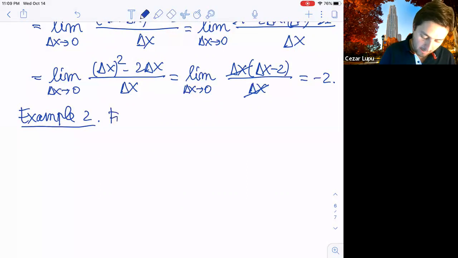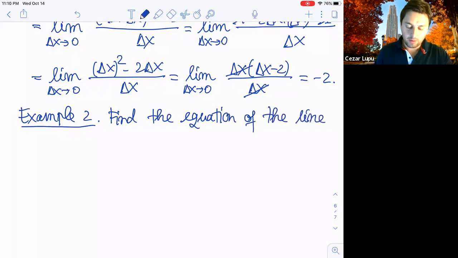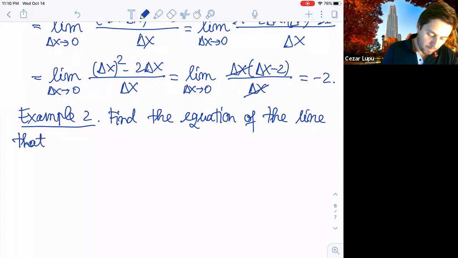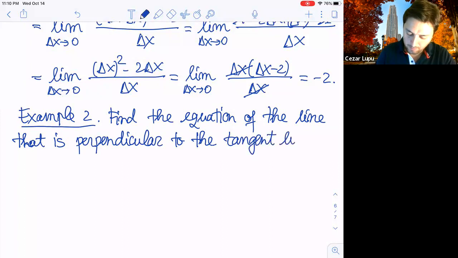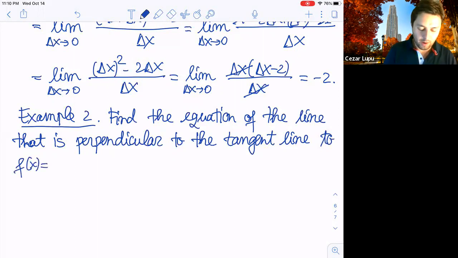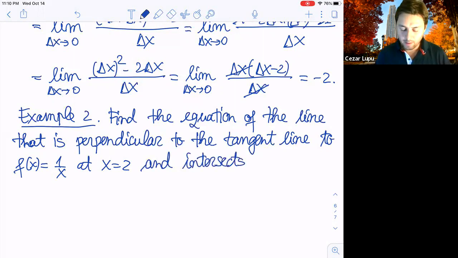Okay, so find the equation of the line that is perpendicular to the tangent line to the function f of x is 1 over x at x equals 2 and intersects at the point of tangency.